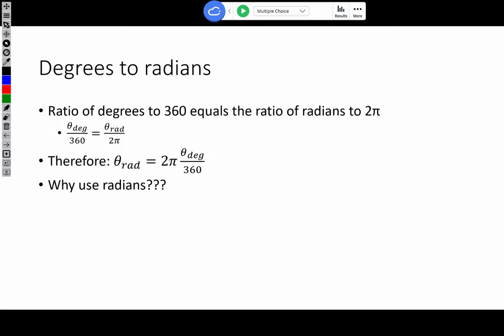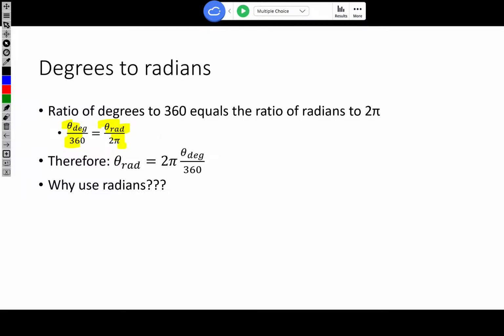Okay, converting from degrees to radians is fairly straightforward. You just do a ratio problem. However many radians you have over 2 pi, this is just a ratio setup. This is basically how you convert from anything to anything. There's 360 degrees in a circle. There's 2 pi radians in a circle. So you just set those two ratios equal to each other, and then you can rearrange to get what you need.